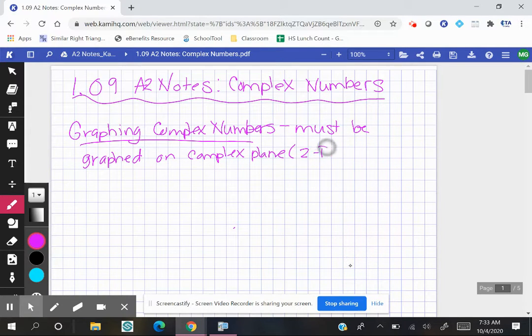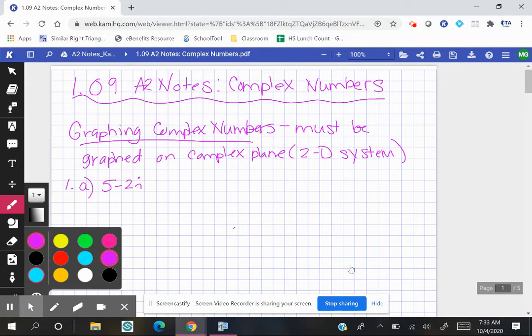So it's a two-dimensional system, just like our x and our y, how we normally graph those. So plot each on the plane and label it with its letter. Okay, so first is 5 minus 2i.